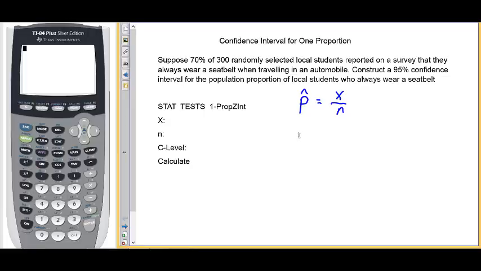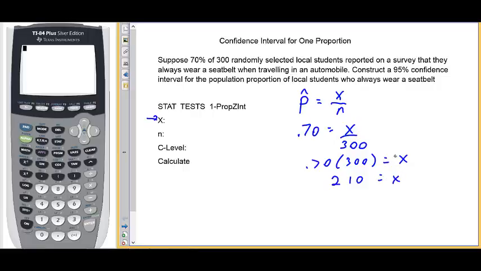Some books might use a different symbol. 0.70 equals x divided by 300. So if I want to find out x, which I'll need for my calculator function over here, I just take 70% of 300 to get x, and that's 210.